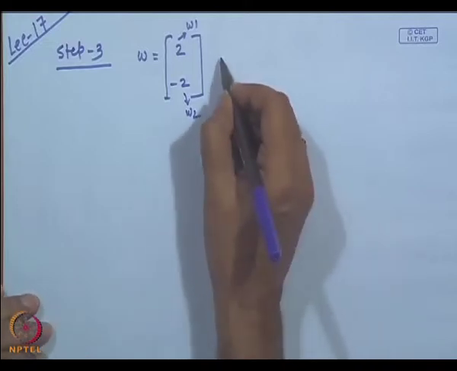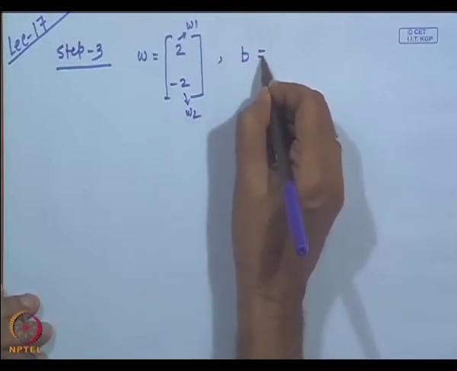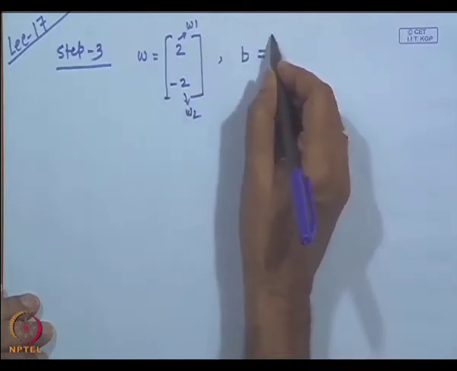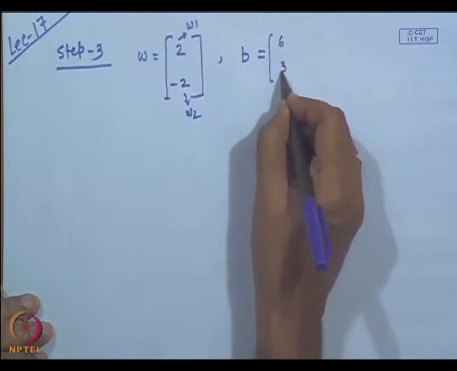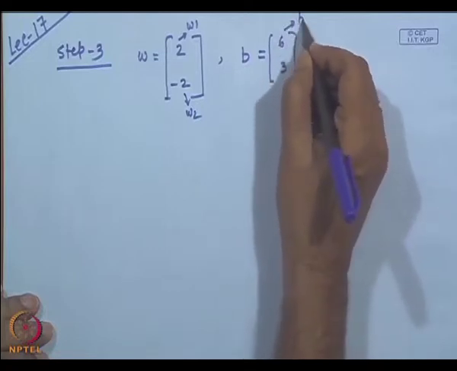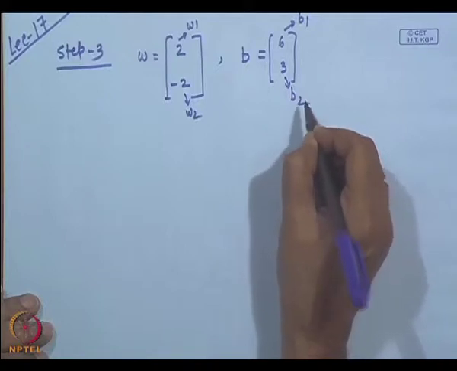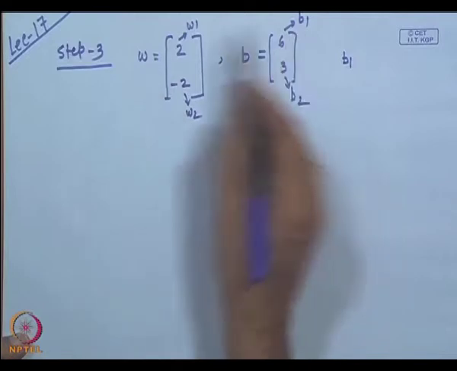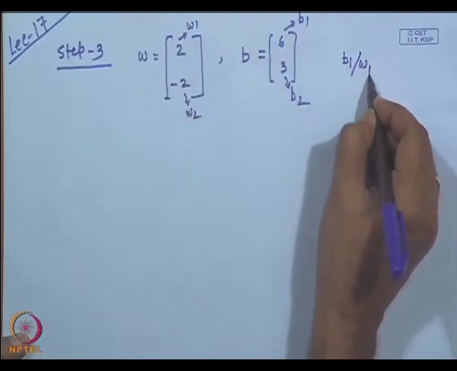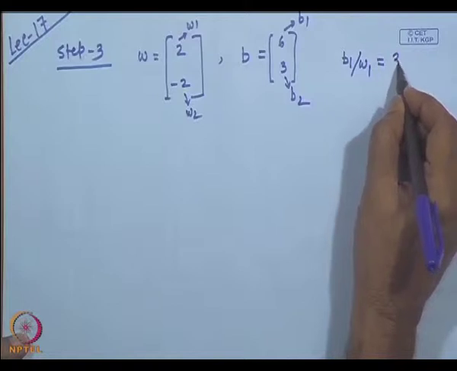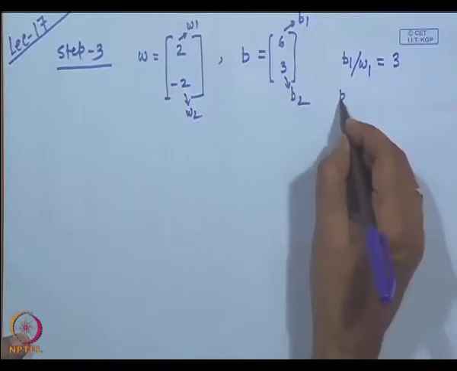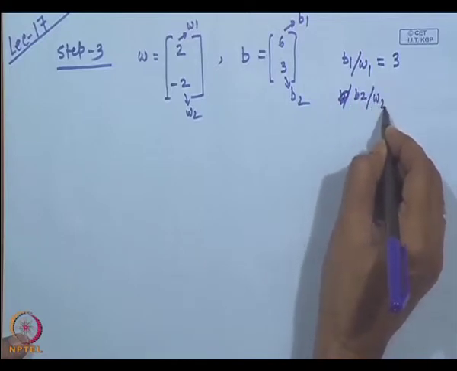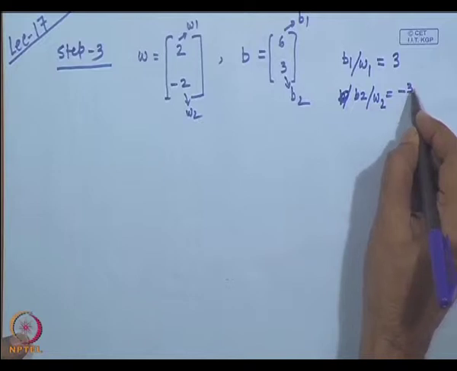Then the corresponding A x equal to b, the basic set of linear equations, has b equal to 6 and 3, which we denote by b 1 and b 2. Now calculate the ratios b 1 by w 1, which is equal to 3, and b 2 by w 2, which will be minus 3 by 2.